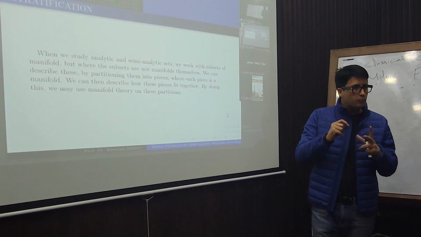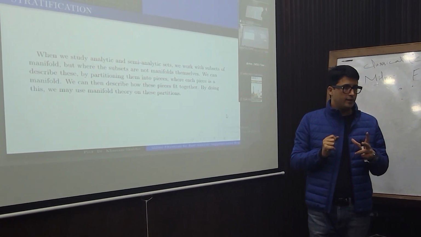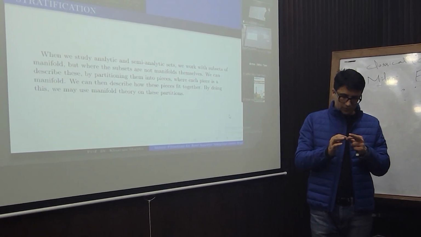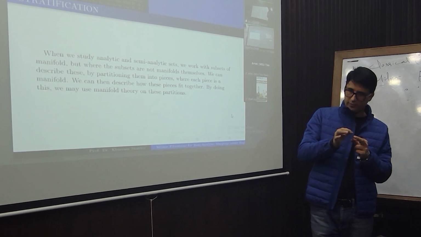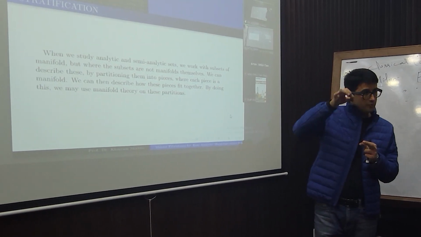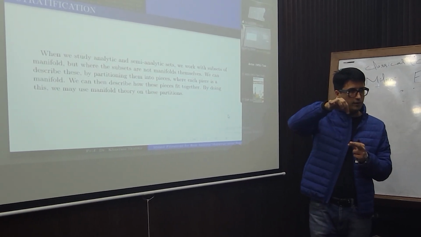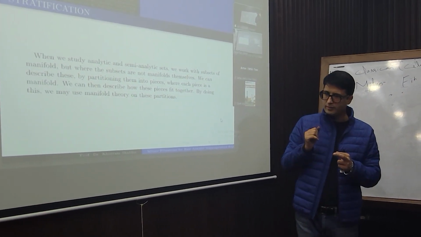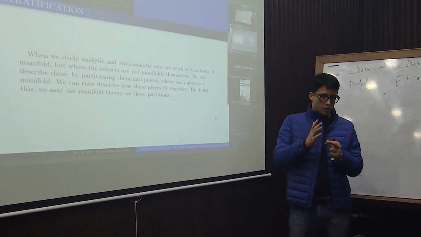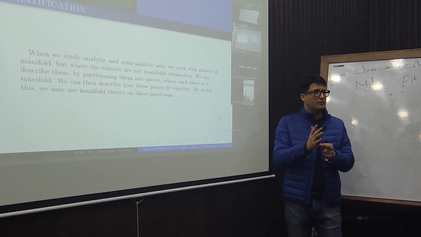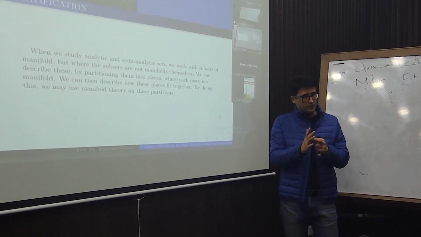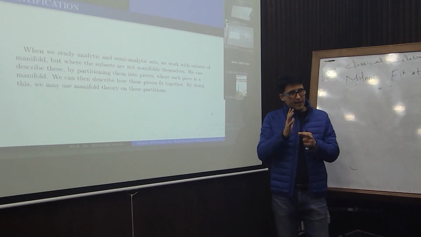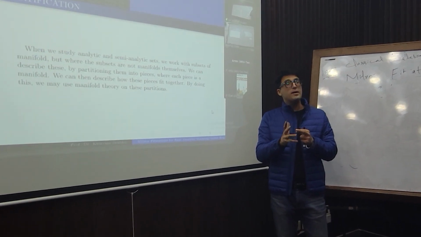If that singular point is isolated, it means there is only one point there, only one dot that is singular. And the idea is to remove that singularity. So how to remove it? To remove it, we cut the space. We make pieces of that space such that every piece is a manifold, is smooth.